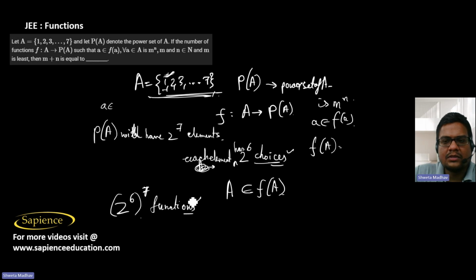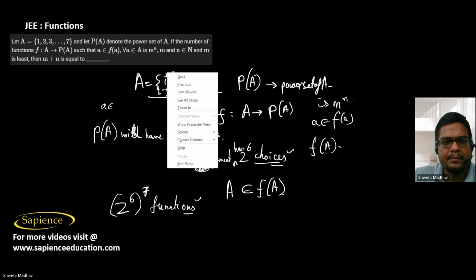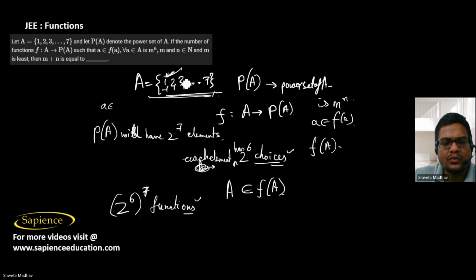Since for a function the rule is that one pre-image can't have two or more images.